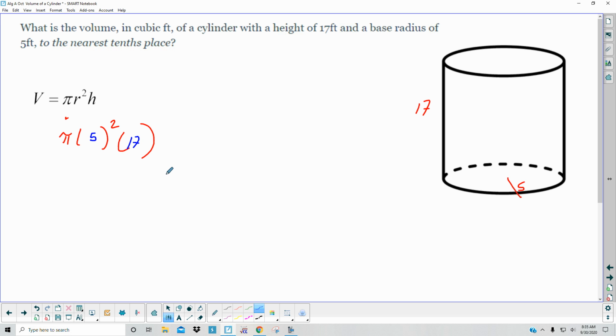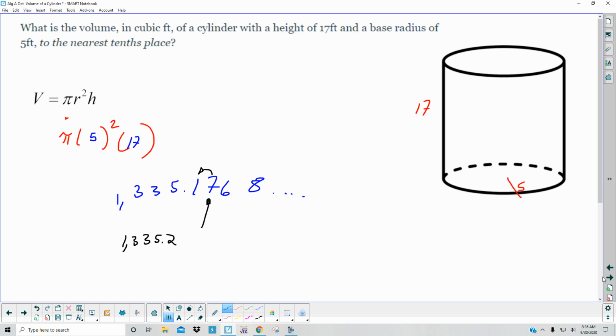Now I'm going to type this in the calculator: pi times 5 squared times 17 equals 1,335.1768, and so on. To round it, I look at the hundredth place. That's 5 or bigger, so I round the next number up to 2. So I have 1,335.2.